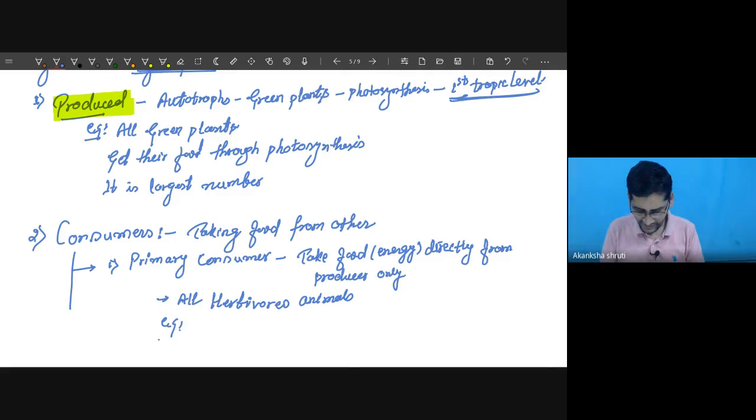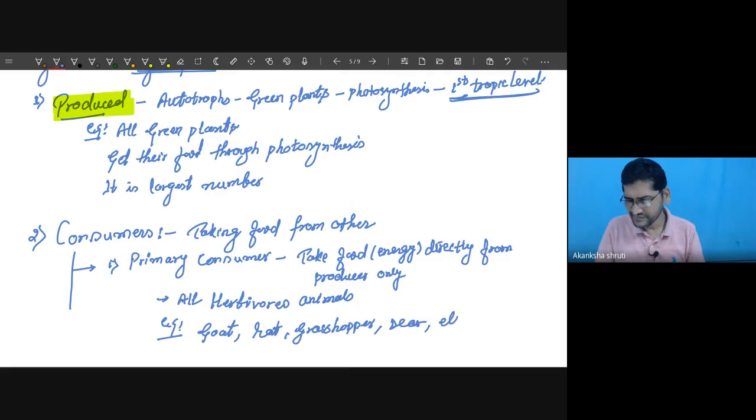Examples: goat, then many more, grasshopper, deer, rat, etc. All these are consumers.